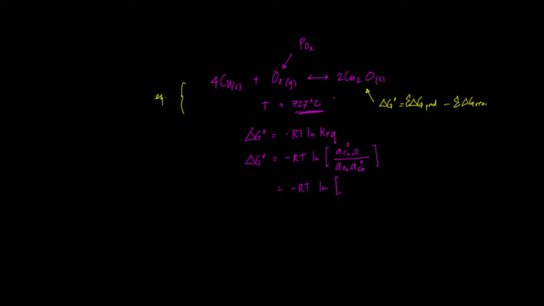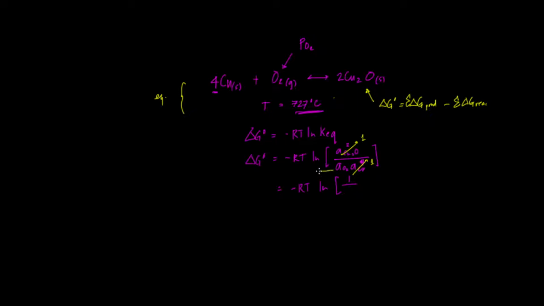So this term here becomes 1. Then we also note na itong copper right here is raised to the power of 4 pala, sorry, kasi 4 to. So copper is also a pure condensed phase, therefore activity is equal to 1, and this leaves us with just 1 over activity of O2.